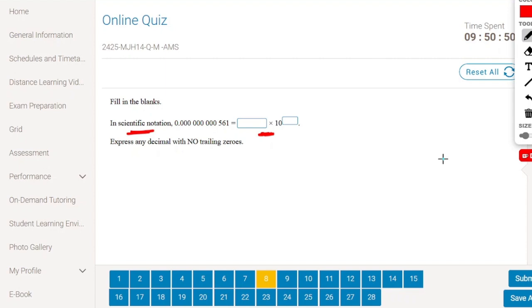It has to be one whole number, decimal point. This whole number can be from 1 to 9, then some numbers multiplied by 10 power of something. So here I have the decimal point here, so I have to move this decimal point to the right.